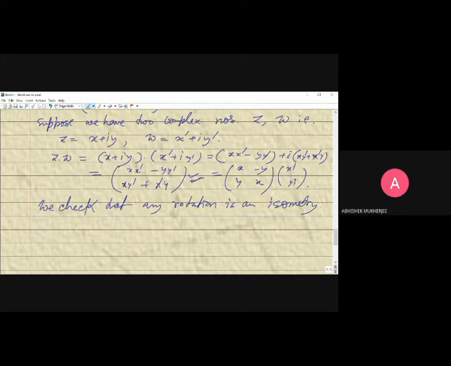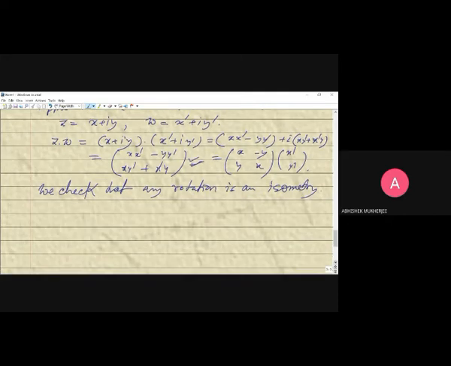So just look at this one. Let P be x plus iy and Q, suppose, x dash plus iy dash.